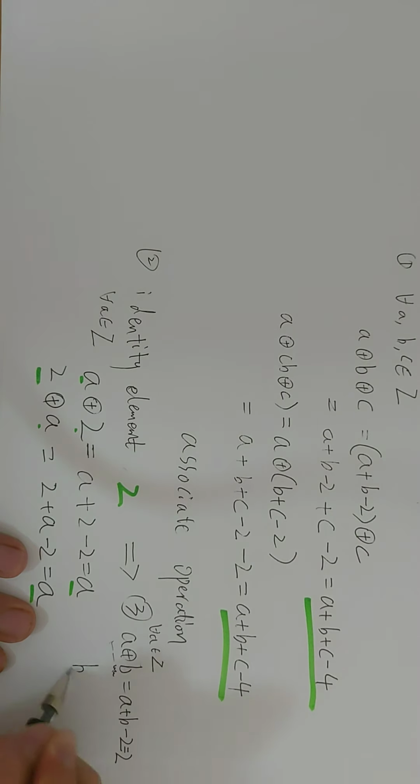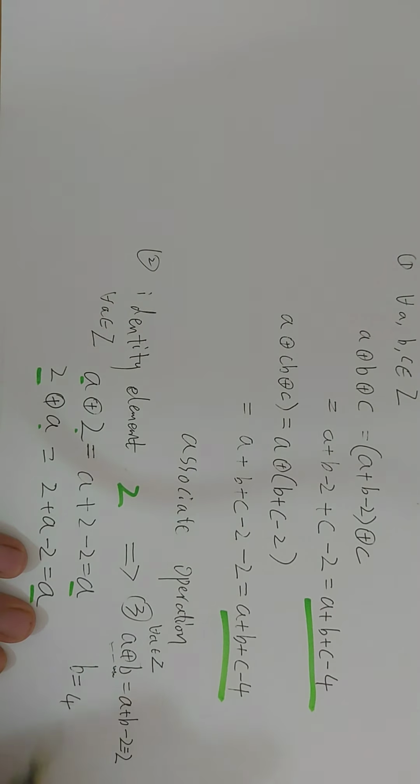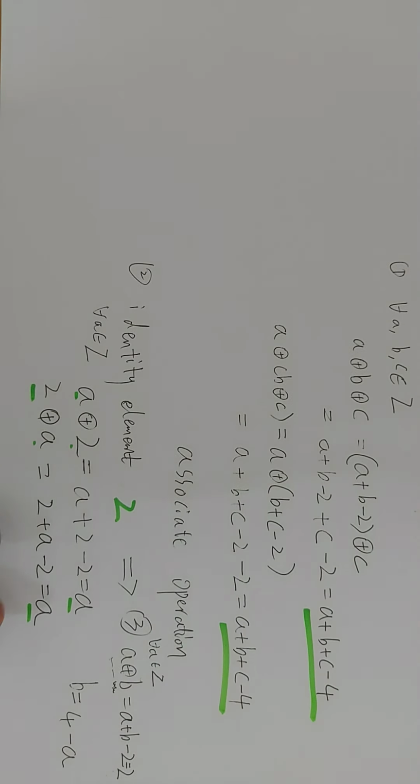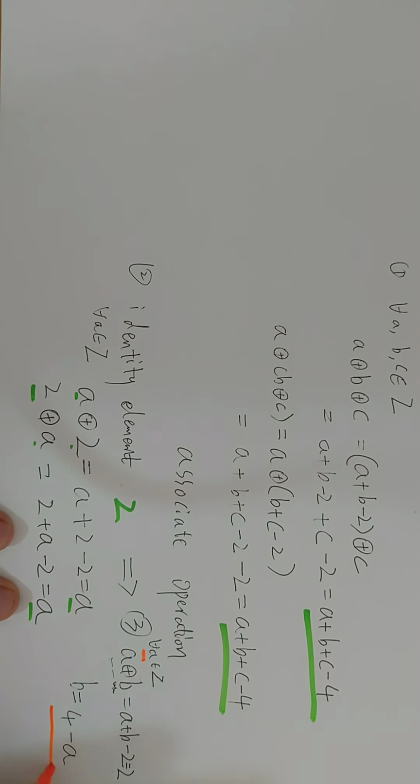Calculating, the result is B equals 4 minus A. So every element A has an inverse element 4 minus A.